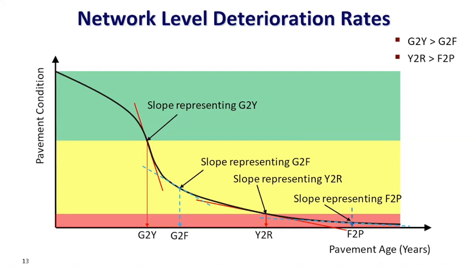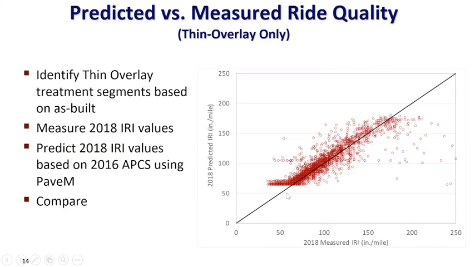If they compare favorably, like in this chart, for this thin overlay type of treatment in terms of IRI, they compare really favorably. We say that the deterioration rate for IRI is good. We can trust it, because they align with the 45-degree line very well.